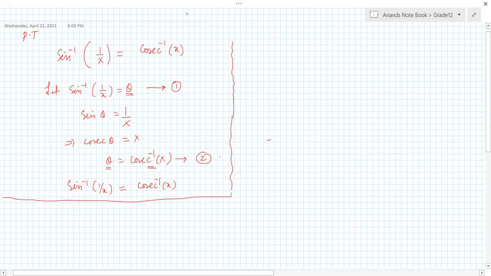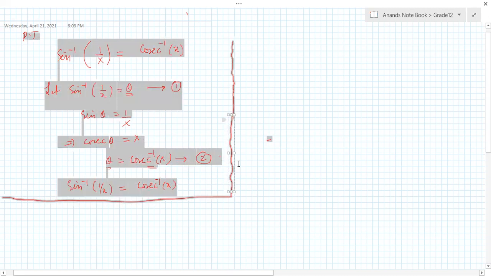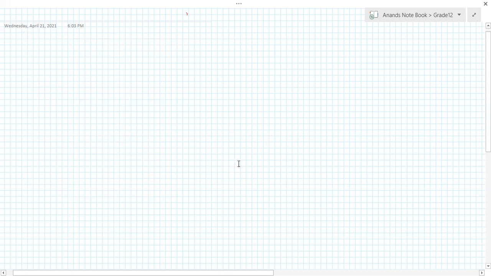I'm going to remove this proof. I want you guys to do it for cos inverse of 1 by x. Cos inverse of 1 by x should be equal to secant inverse of x.